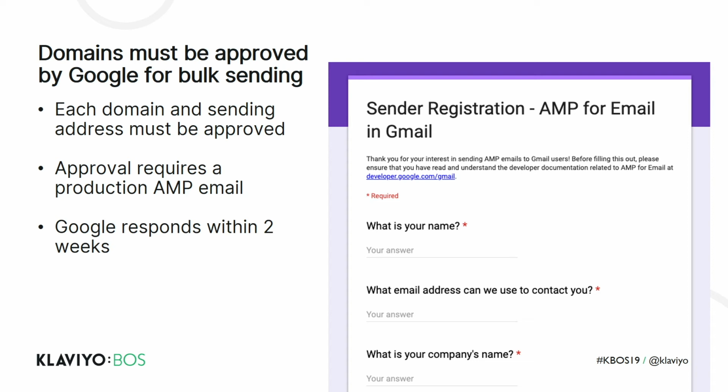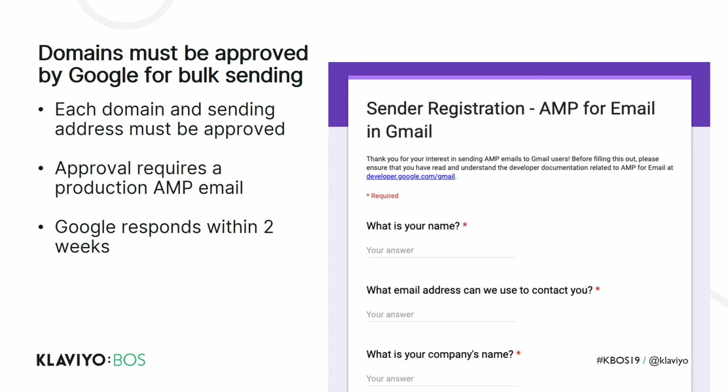Now, there are a few steps you have to go through in order to be approved. Firstly, you need to have a dedicated sending domain and then get that dedicated sending domain approved. Once you've done that, you can go and code up an actual production-like AMP email. From there, you submit a form with both of those pieces of information to Google.